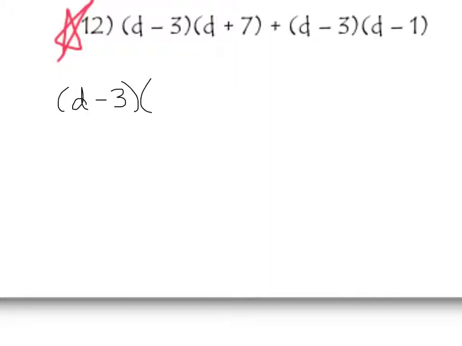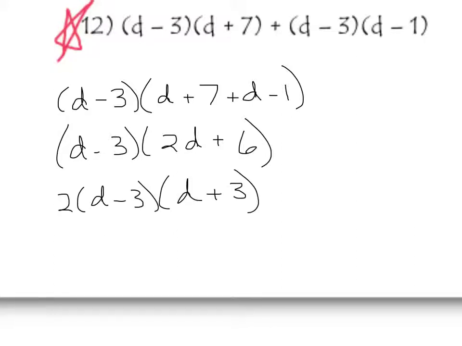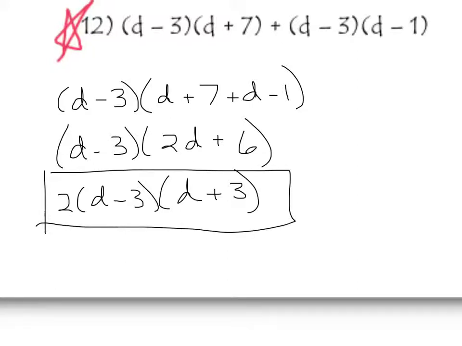What we're left with is d plus 7 plus d minus 1, which gives us 2d plus 6. And then we can factor out the 2 there. Okay, and then we don't have a trinomial to worry about. Everything's factored, so we don't use reverse FOIL there.